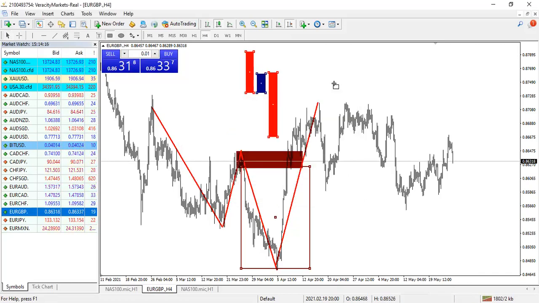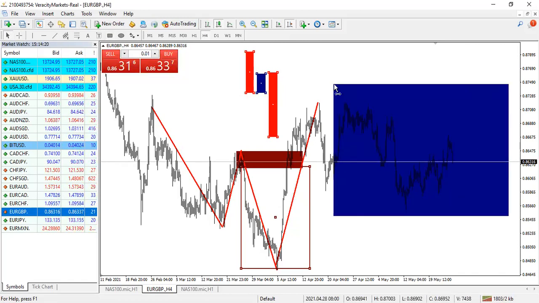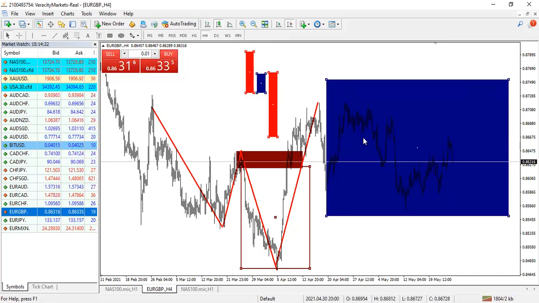For now, this part is not yet there. The market is still here. So after breaking this low, we will focus on this head. We will look for something like this.